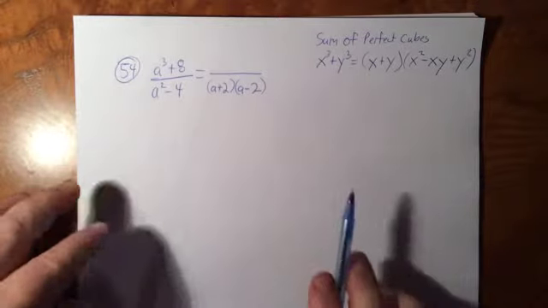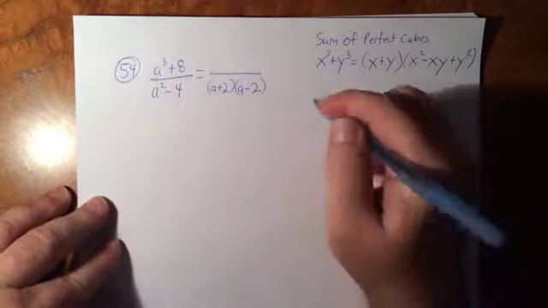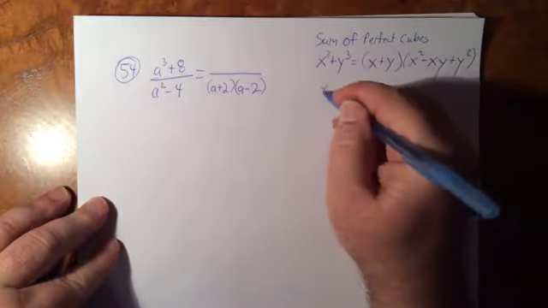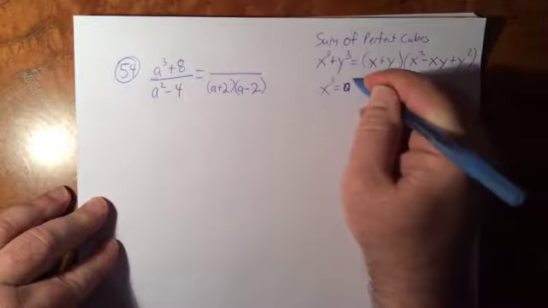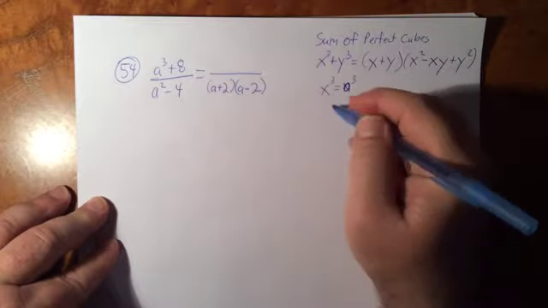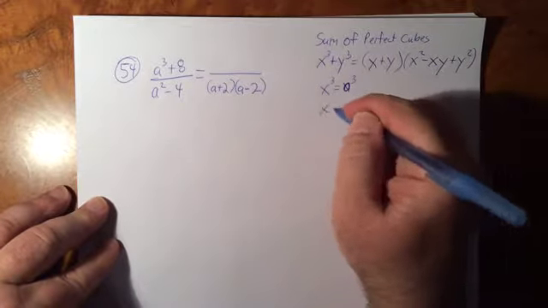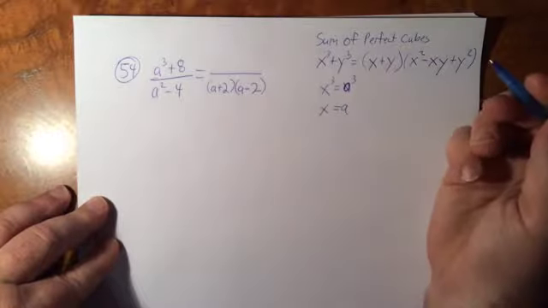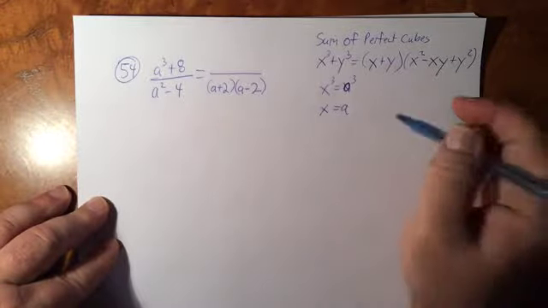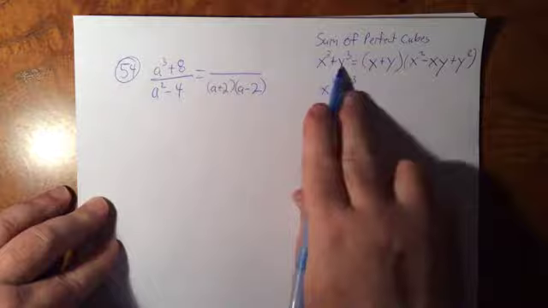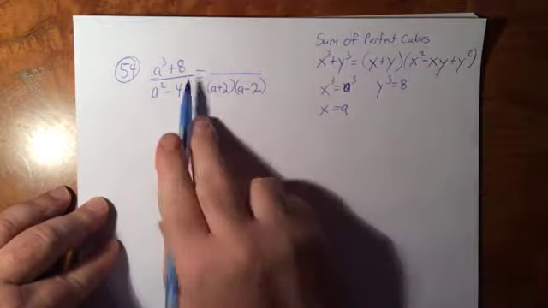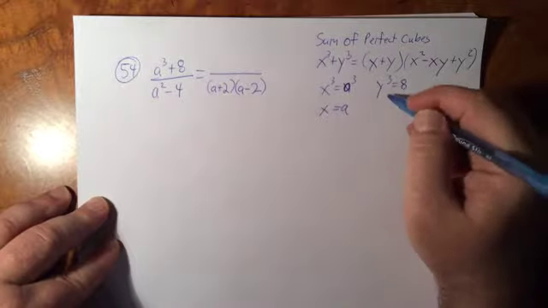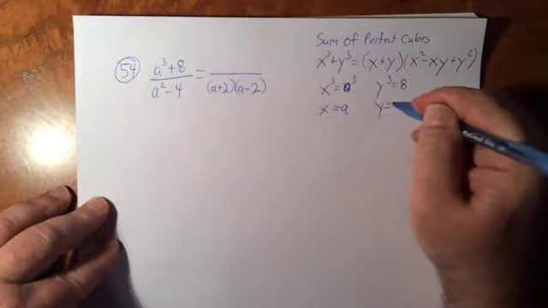So let's identify what the pieces are. In this case, x to the third is equal to a to the third. So if we take the cube root of each, we can just say x is equal to a. If we look at y to the third being equal to 8, the cube root of y to the third is y.